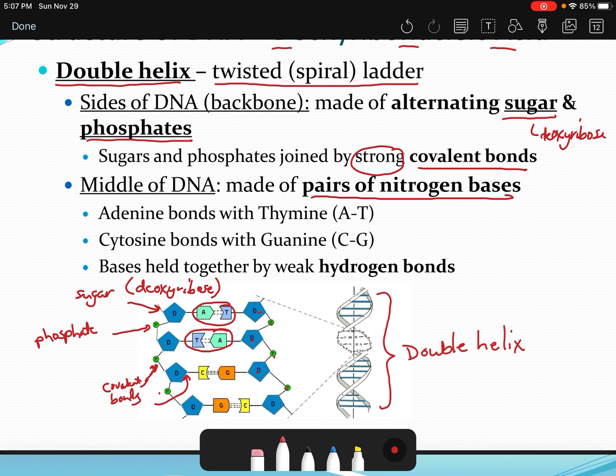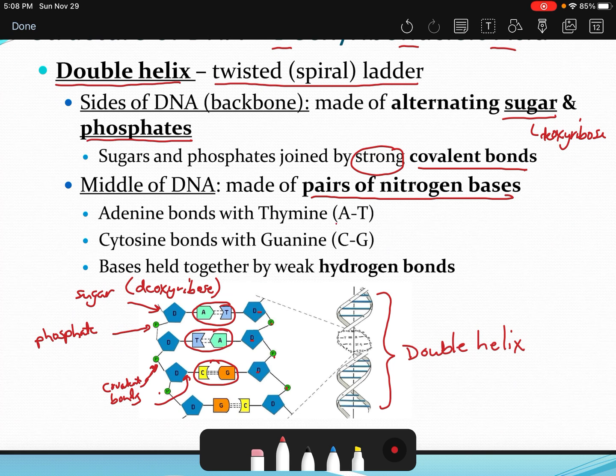And they always bond in a specific manner. A goes with T, adenine with thymine, and cytosine goes with guanine, or C with G. Okay? So you have to remember those base pairs. Remember, Erwin Chargaff is the one who came up with those base pair rules. It's going to be very, very important when we talk about DNA replication, when we talk about transcription, that you know how those bases pair up.